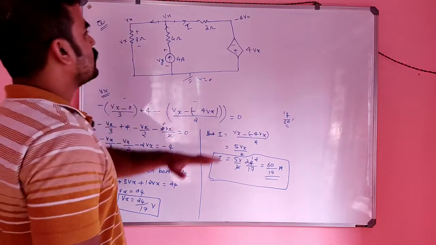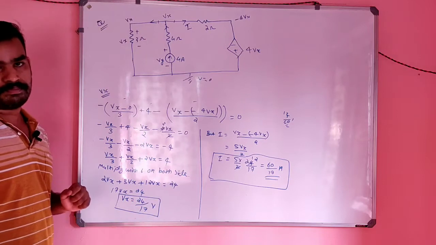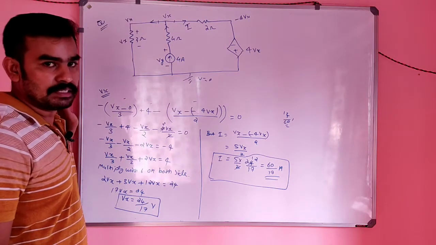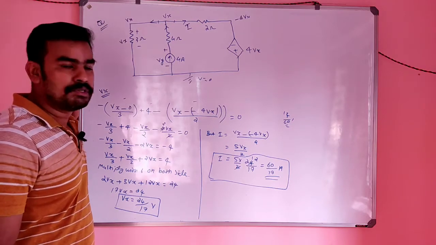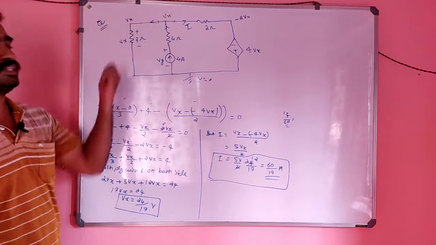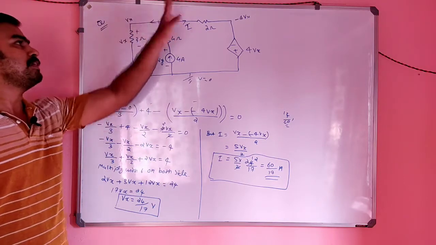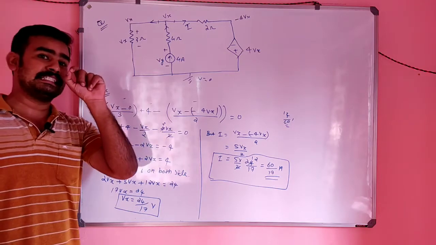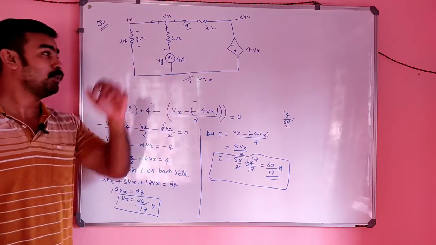So this is how we have to solve a problem like this. Is it clear to all? It's very basic and very easy, but there is a chance of a lot of errors. You can arbitrarily take any direction of current, no issues there, but you have to clearly write the potentials.